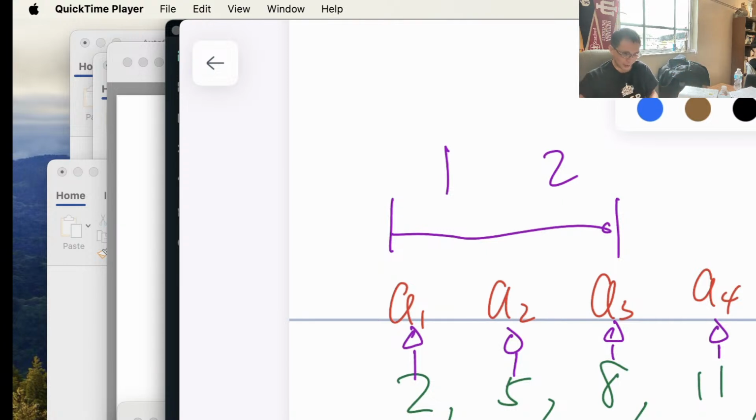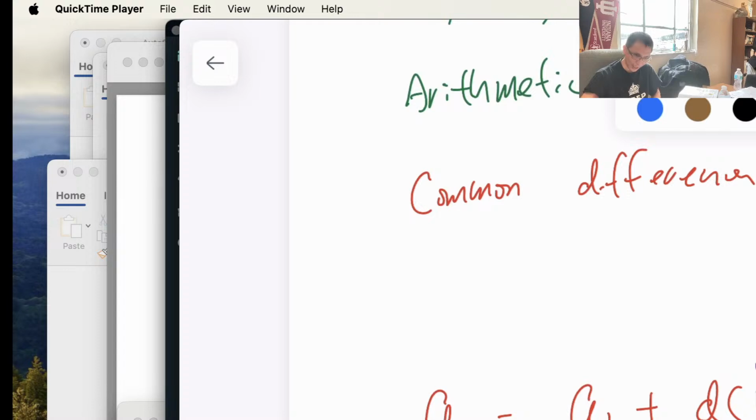Does that make sense? If I were to say A3 is equal to 2 plus 3 times, that's the common difference, and there's the third tree minus 1, because that means the spaces. Why is it n minus 1? N minus 1 is the spaces. If it was 5 trees, how many spaces between them? 4, because 5 minus 1.